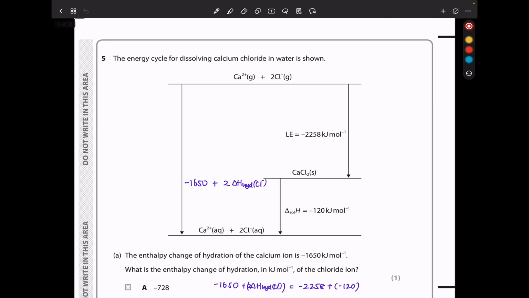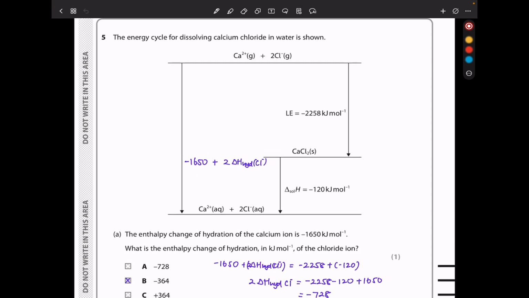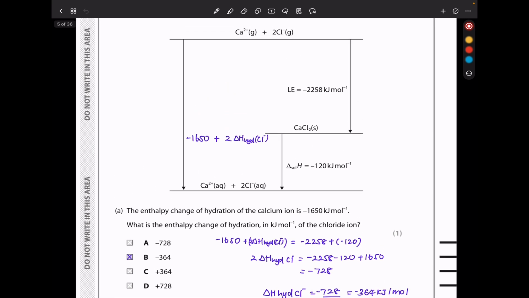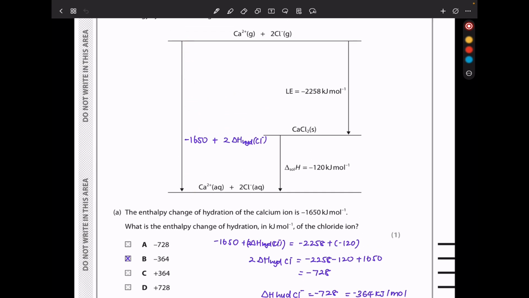And next they say the energy cycle for dissolving calcium chloride in water is shown. They say the enthalpy change of hydration of the calcium ions is negative 1650 kilojoules per mole. What is the enthalpy change of hydration in kilojoules per mole of the chloride ion? Enthalpy change of hydration of both is going to equal the lattice energy plus the enthalpy of solution.